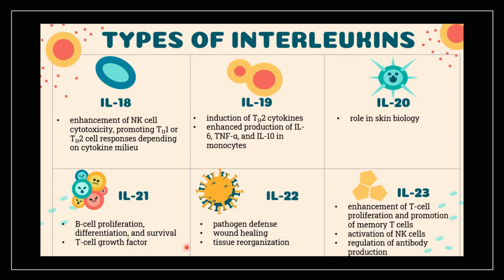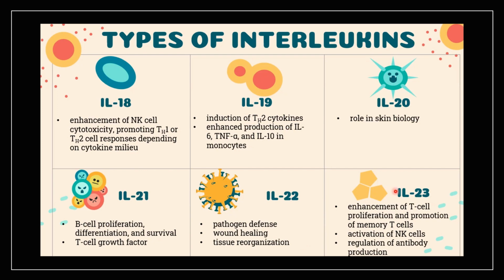For interleukin 22, they originate from activated T cells, predominantly T helper 17 and T helper 22 cells. Their target cells are keratinocytes and epithelial cells of kidney, small intestine, liver, colon, lung, and particularly pancreas and skin. Their major functions are pathogen defense, wound healing, and tissue reorganization.